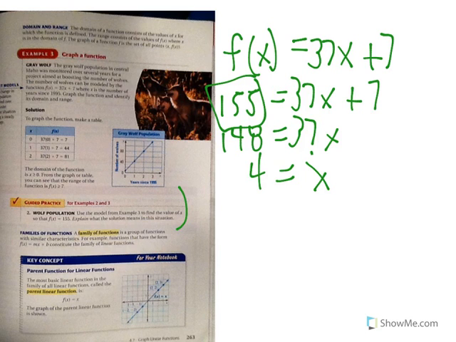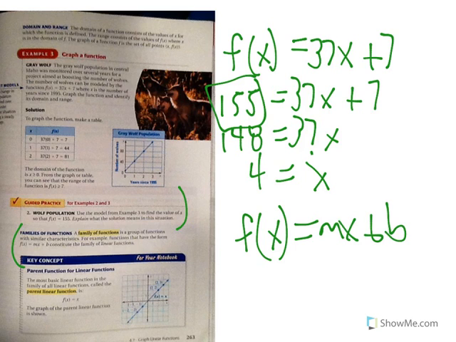So now we're looking at families of functions. Families of functions are ones that share characteristics, and the most famous one is going to be the one that we've been working with, f of x equals mx plus b. So it's essentially saying anything that has this sort of format is what's called a linear function.